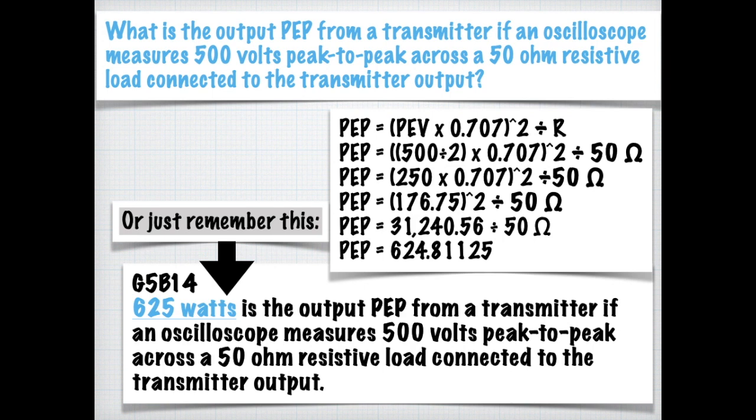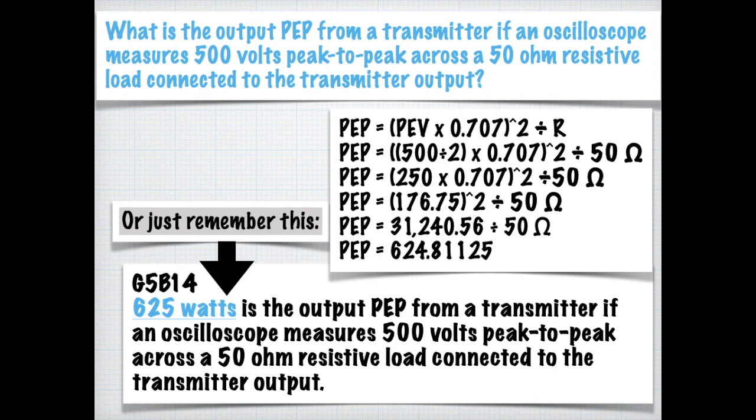Another question on the exam. What is the output peak envelope power from a transmitter if an oscilloscope measures 500 volts peak to peak across a 50 ohm resistive load connected to the transmitter output? First we have to remember the formula, which is PEP equals (peak voltage times 0.707) squared divided by R. So we plug in the values.